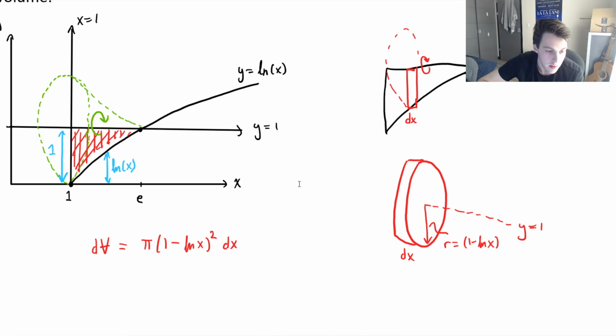So we have an expression for the differential volume. That means the volume of the entire object would be the integral from x equals 1 to x equals e of pi r squared dx. So we've done one of the things that this question has asked us to do.